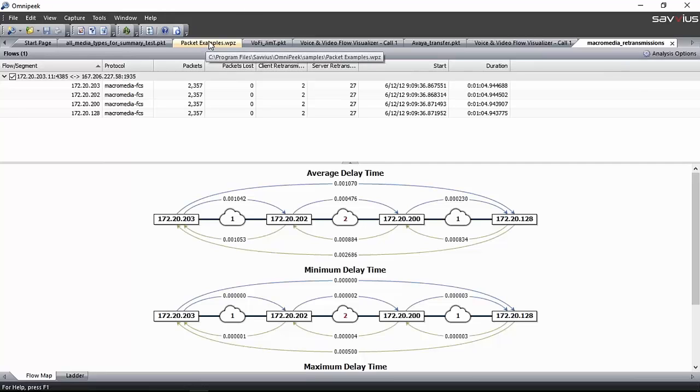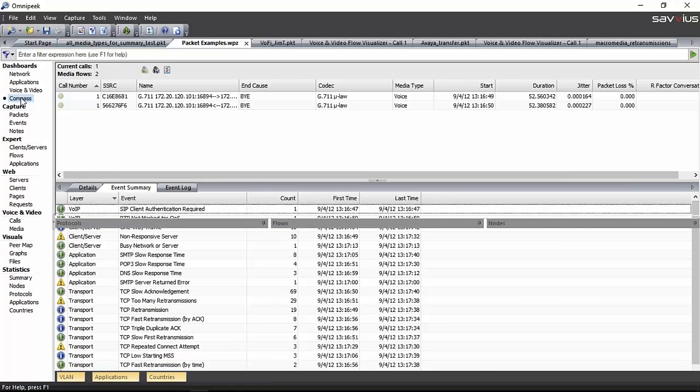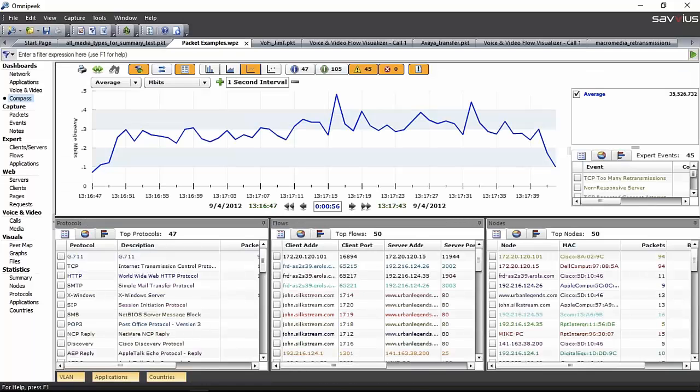We can go back into our packet examples, and for looking at things like overall upload speed, we can come back to our different dashboards like Compass, and in Compass we are able to distinguish between directions, between transmit and receive, so you can quickly see your transmit and receive traffic very, very quickly.